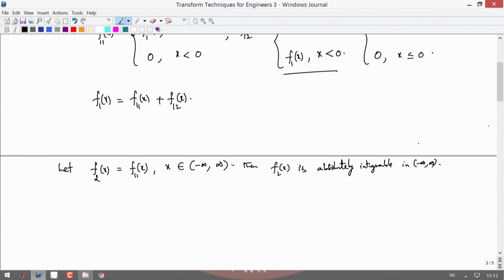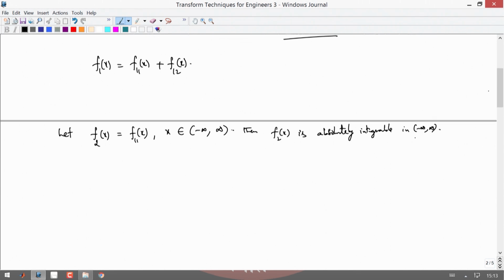So what do you have from this Fourier integral theorem? Your f2 of x is equal to 1 by 2 pi, integral from minus infinity to infinity, e power i xi x, and inside you have the Fourier transform, the integral from minus infinity to infinity.